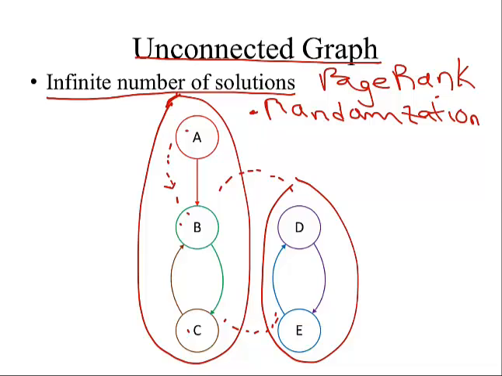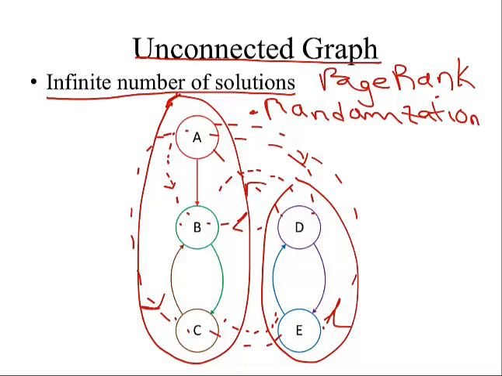So we're going to establish a little bit from A to B, a little bit from A to C, additionally to what it already has in the cases that it's already pointing to those nodes, a little bit to D, and a little bit to E. And similarly for the other nodes, we assume that each of them are connected in a slight way, at least.